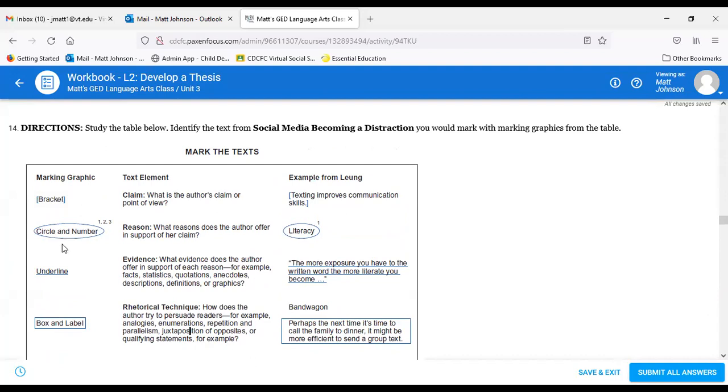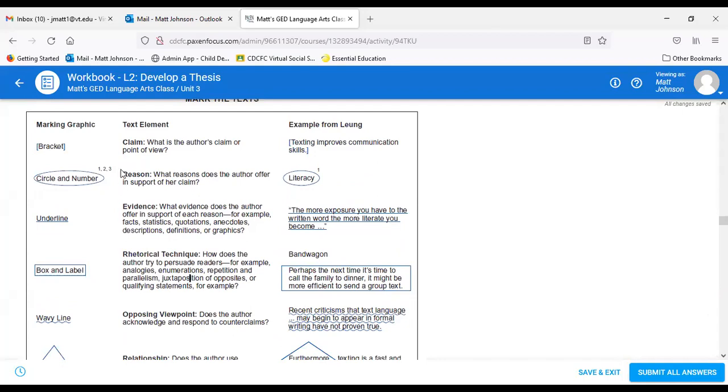Using brackets to find the claim. If you're going through and you want to mark the claim so you can come back to it and notate it, you can put brackets around it. Circle a number for reasons. So you can put that and then a reason, like it shows here from Leung, is literacy, and then you could go through and circle each reason. Underlining evidence, so you could use that.